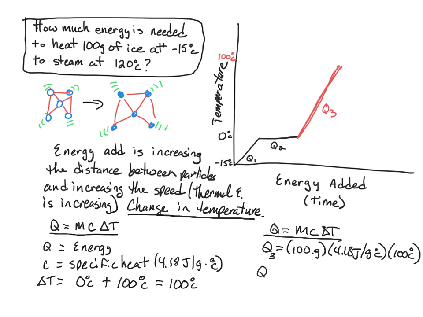When I put that in the calculator, Q3 will be equal to a calculator answer of 41800. I'm going to need 3 significant figures because this number here is setting my significant figures. So there's my answer. It's going to take 41,800 joules to take the water from 0 degrees to water at its boiling point of 100.